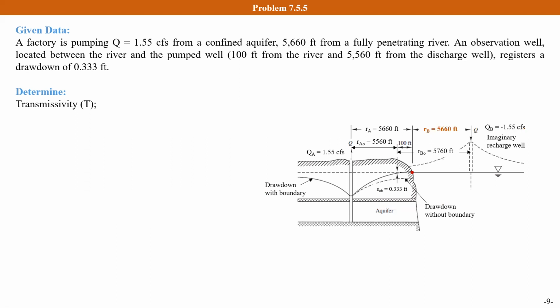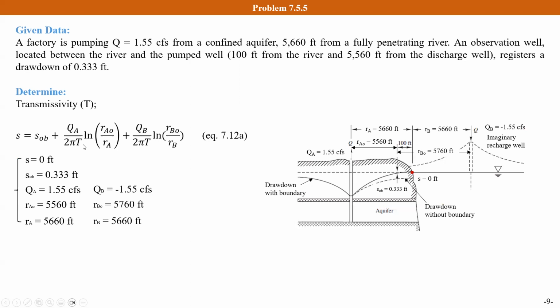Then, based on this information, we can bring these values into equation 7.12a to calculate the drawdown at the point that we are interested in. In this equation, we only have one unknown, the transmissivity. The s here equals 0 feet, and the drawdown at the observation well is 0.333 feet.